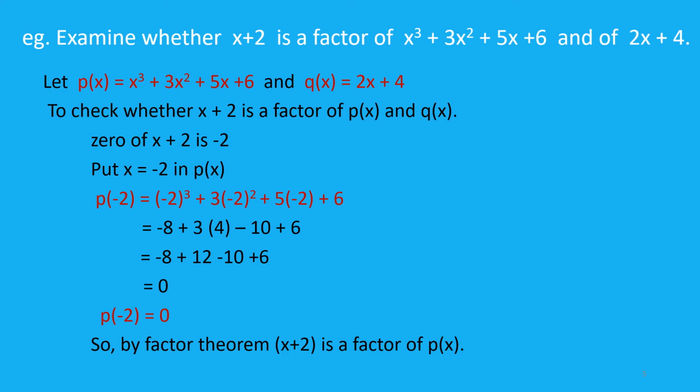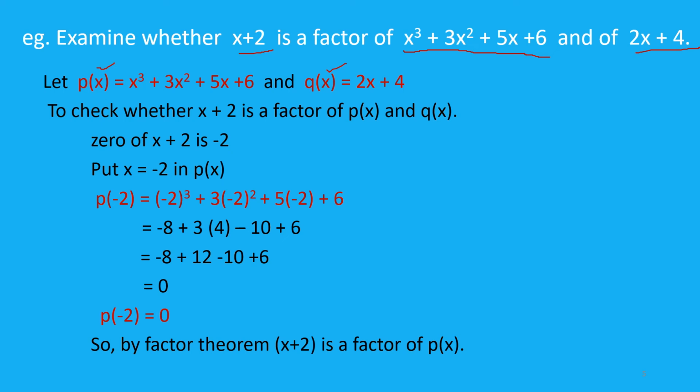Examine whether x plus 2 is a factor of x cube plus 3x square plus 5x plus 6 and of 2x plus 4. So here two polynomials are given. Let's consider this polynomial as P(x) and this polynomial as q(x). We have to check whether x plus 2 is a factor of P(x) as well as of q(x).